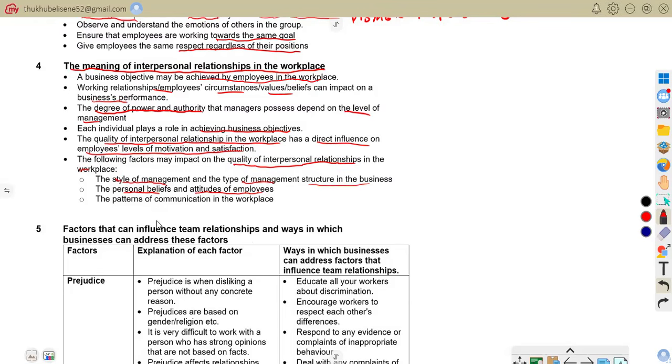Now the patterns of communication in the workplace: open communication prevents misunderstanding. Hope we are together, and then let us move on.